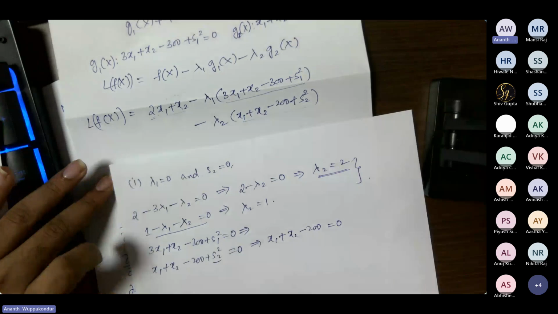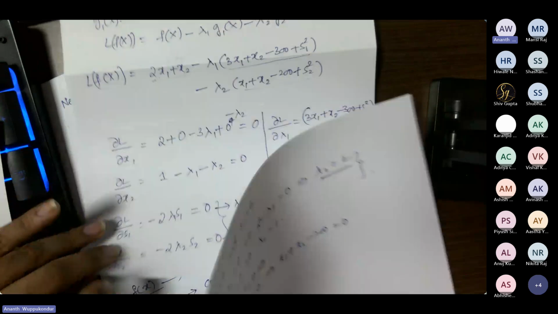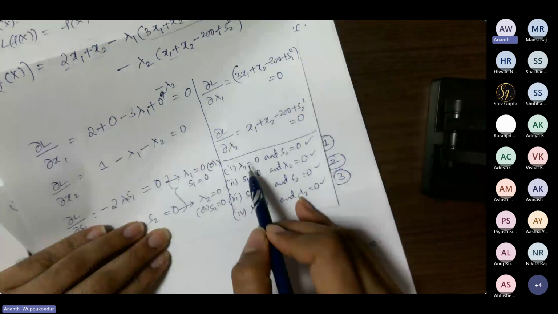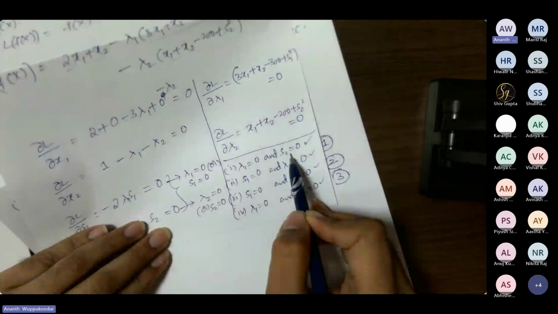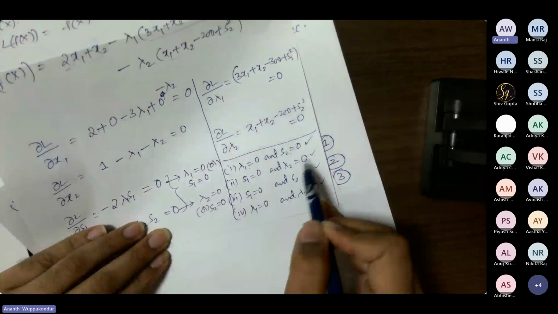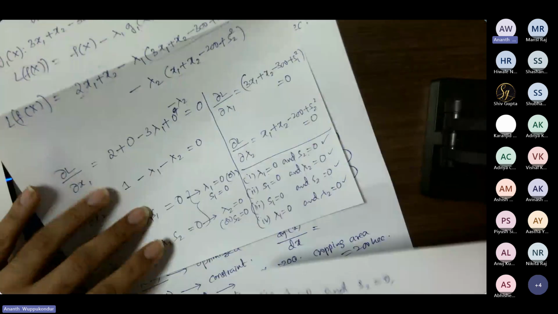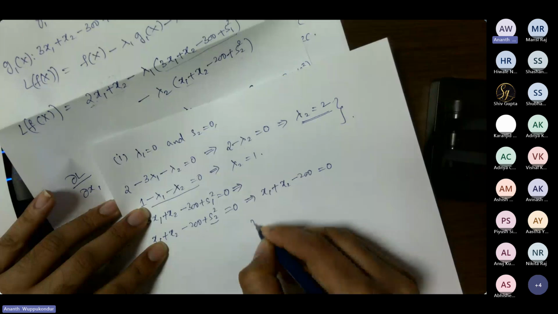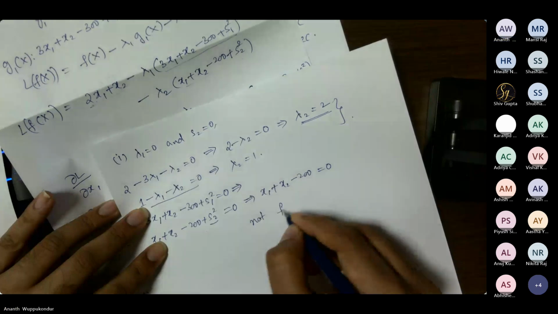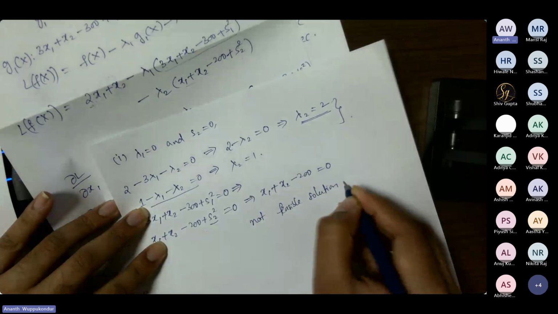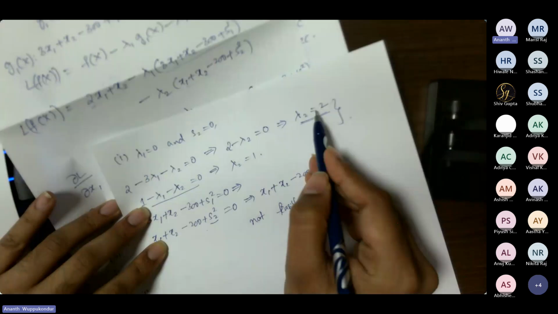So like this, you have to test all the four combinations, considering either lambda 1 equals 0 or S2 equals 0, or S1 equals 0 and lambda 2 equals 0. All these combinations you need to consider and solve the set of equations that we have. So this is clearly not a feasible solution because you're getting two different values for lambda 2.